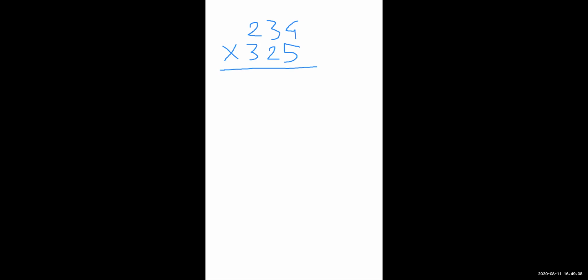So I will start here. Multiply this 234 by 5. 5 4s are 20. 20 is 0, okay, 2 goes to carry. Yes. Now 5 3s are 15. 15 plus 2, that is 17. 17 is 7, 1 goes to carry.